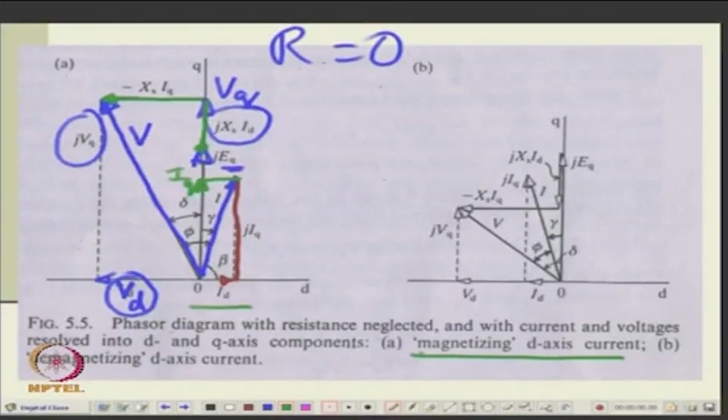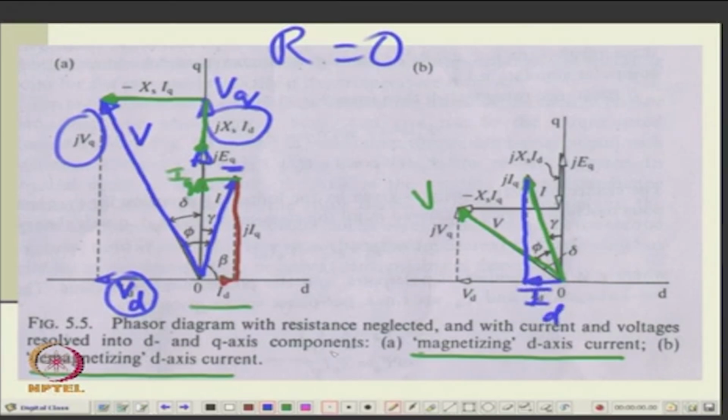And there could also be another case, this is magnetizing, another could be demagnetizing. Look at this case, here I is not here, I is here, right, and V is here. And therefore, this is your ID.